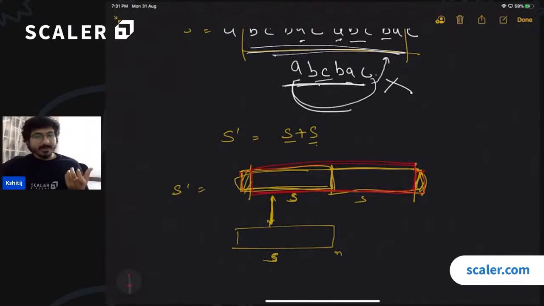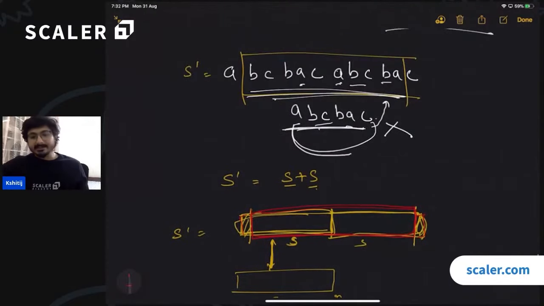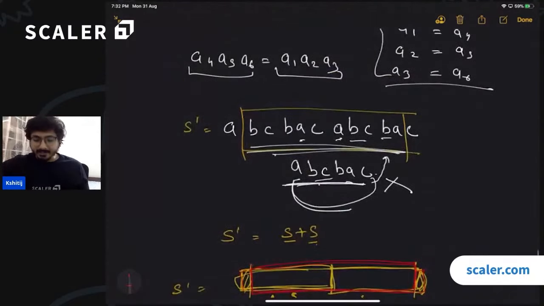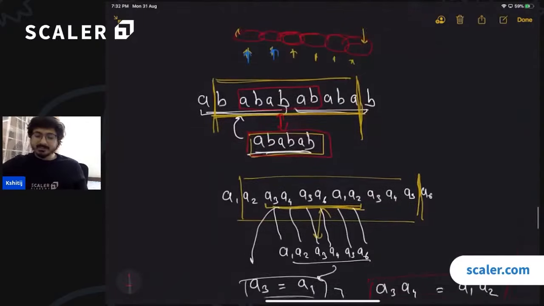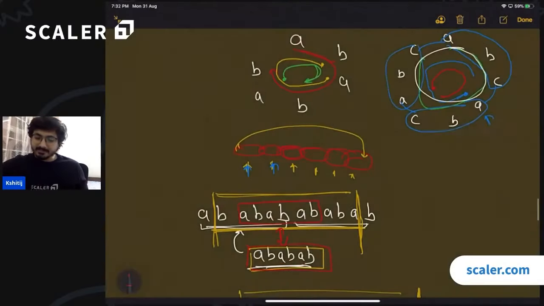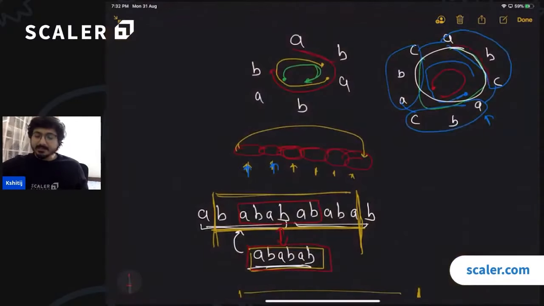If you remove any random character, first of all, what is the purpose of removing the character? Okay. Second thing is, if you remove any random character, does our initial observation hold true? What was the observation? The observation was that if these parts are repeating, then you will be able to find another occurrence of the string inside this circular string.